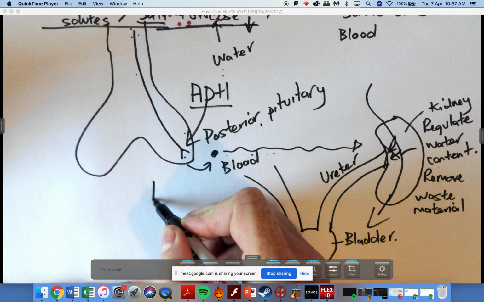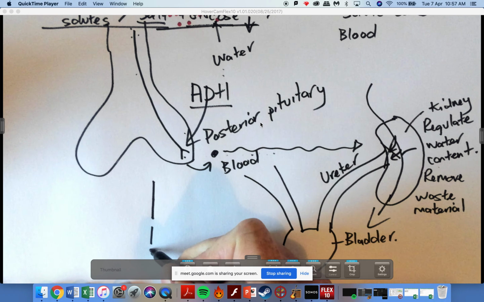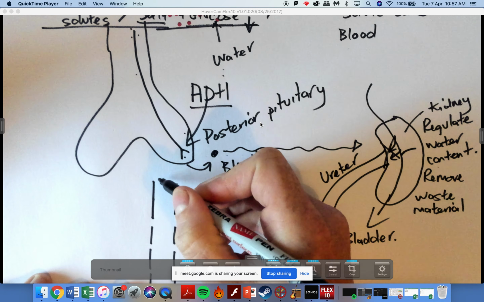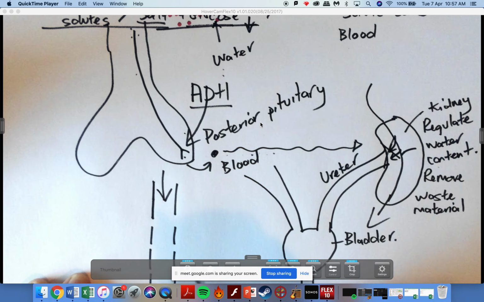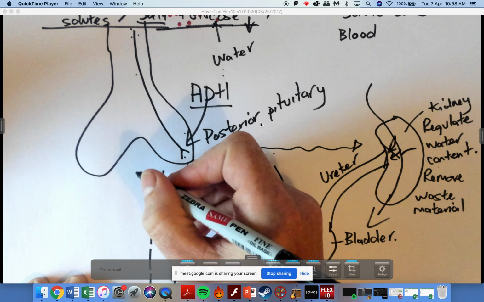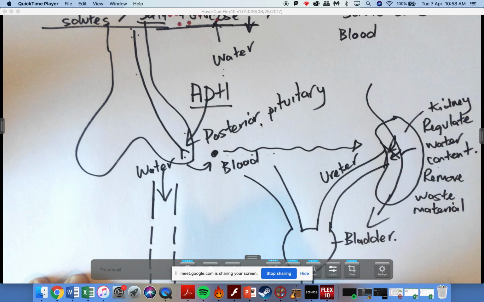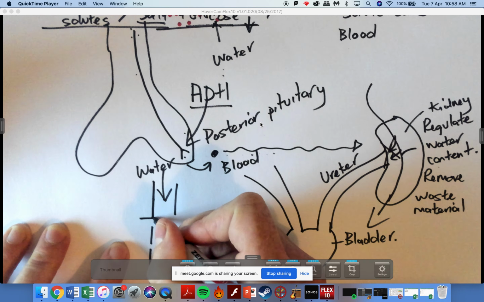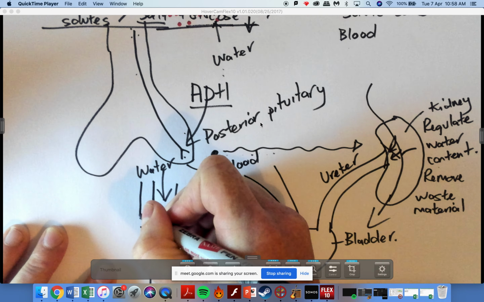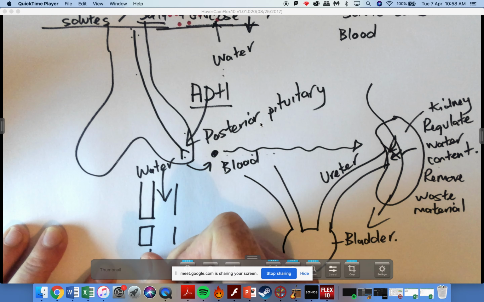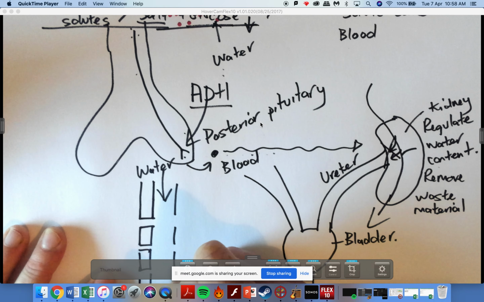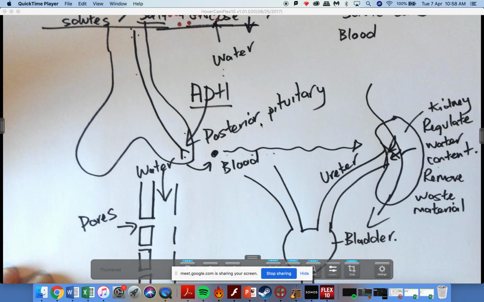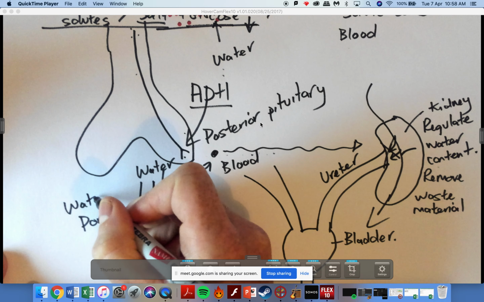Well, in the kidney, there are tubes down which the water and the other waste products are flowing. And down these tubes, I'll draw it as a double membrane, there can be pores. And these pores are water pores.